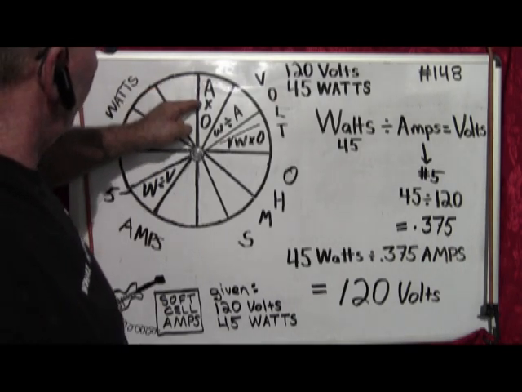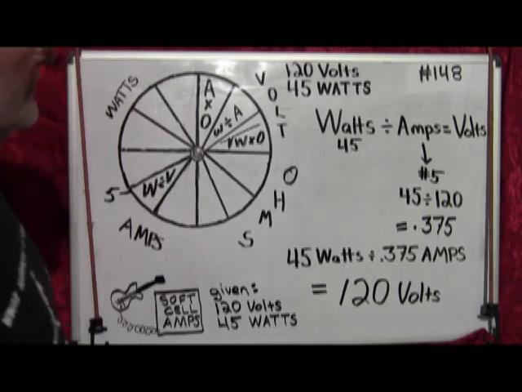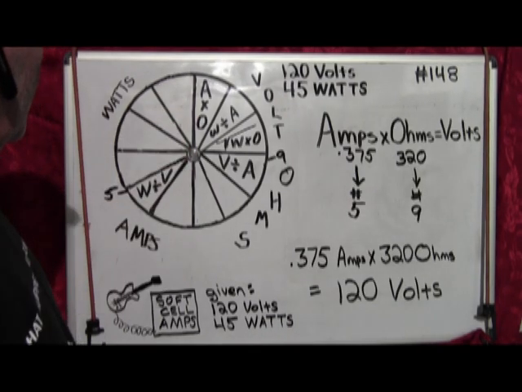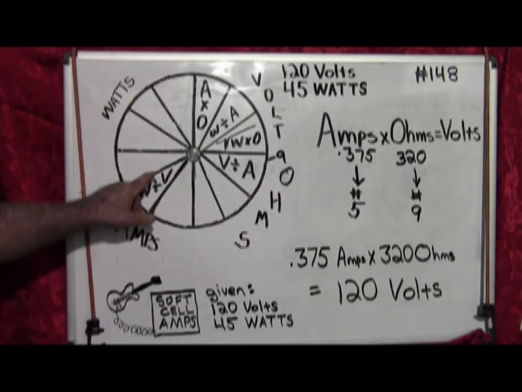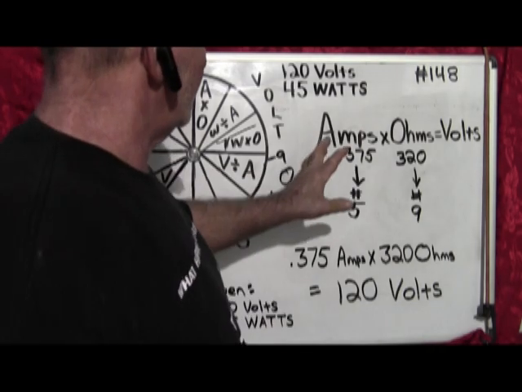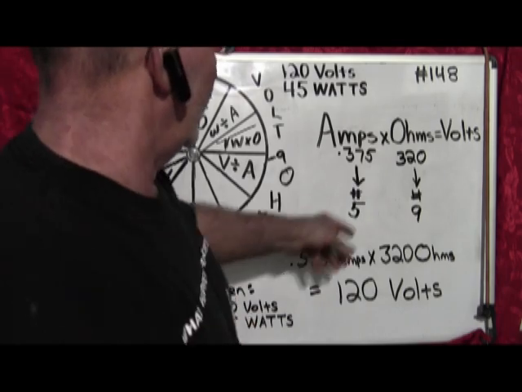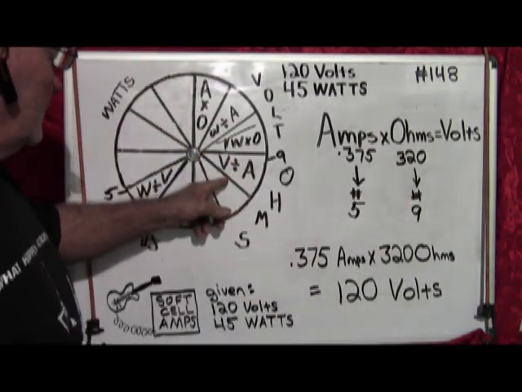Amps multiplied by ohms will give you volts. Finishing up on the amps times ohms, we have formula number 5, watts divided by volts, gives us amps. I'm not going to bore you with that equation. You've already seen it a couple times. And then for ohms, we went to equation number 9.